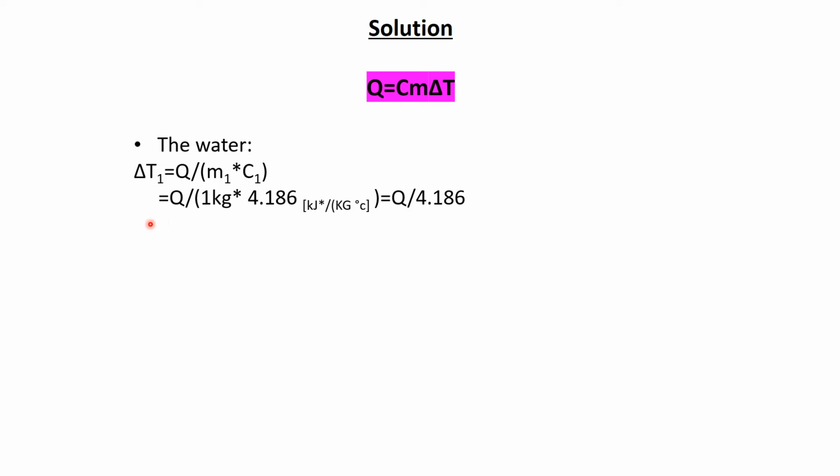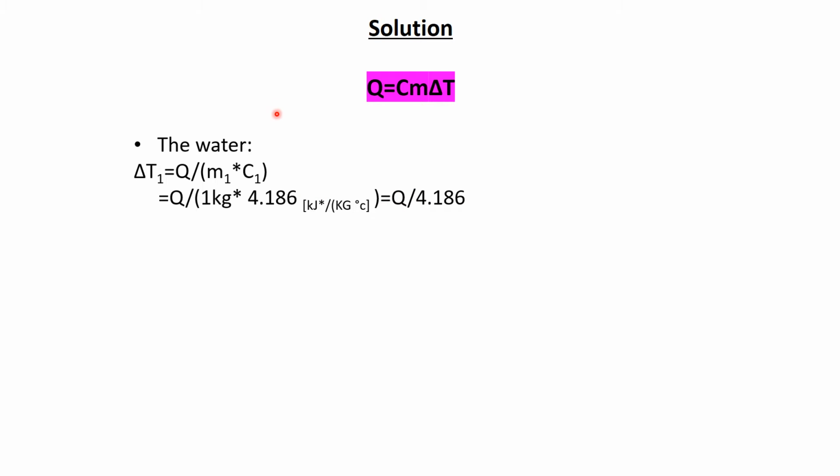And if we put in the numbers and the information that we know, we get that the ΔT of the water equals Q divided by 4.18. So actually we got something which is not a number, it's an expression, and we don't know anything about Q.